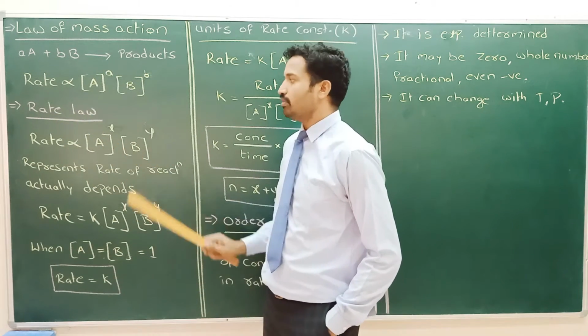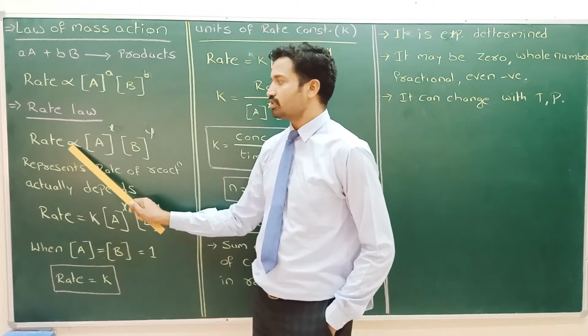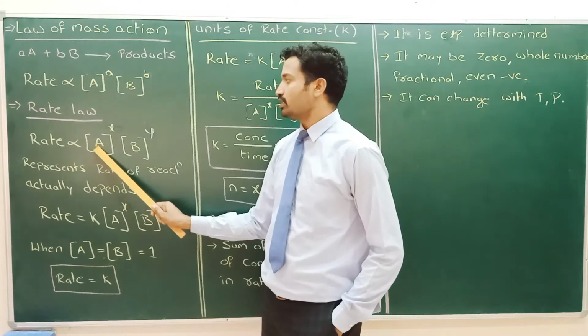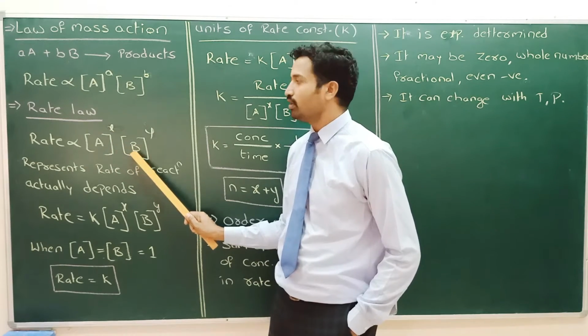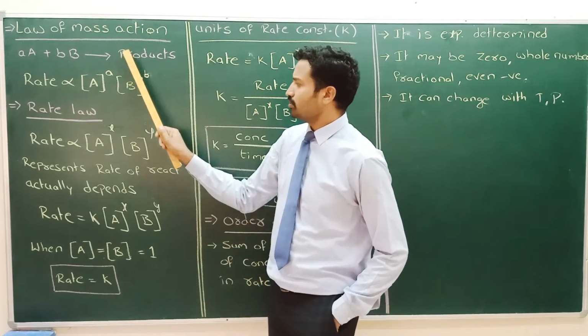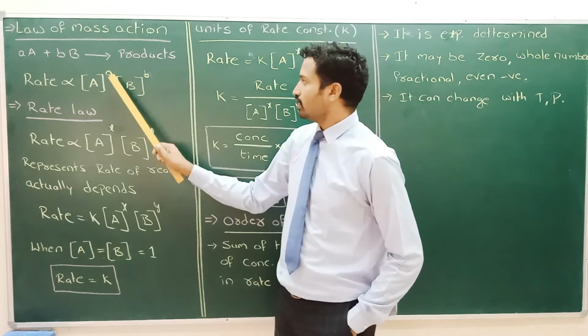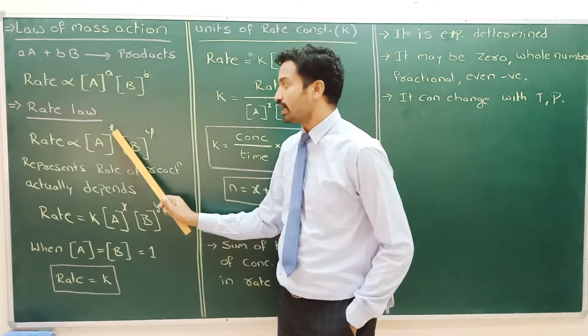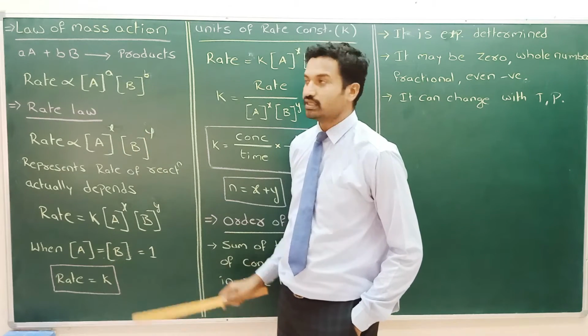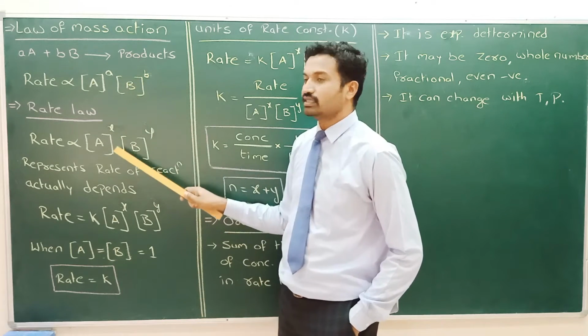Now the formula is rate of reaction is proportional to concentration of reactant A to the power of x, concentration of reactant B to the power of y. From the same equation, here coefficients are a and b, but here coefficients are x and y.